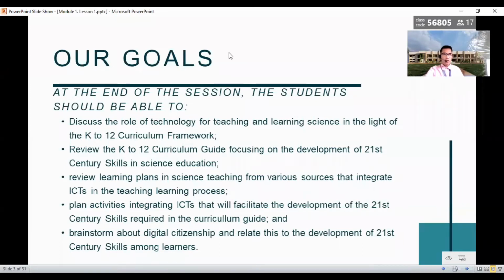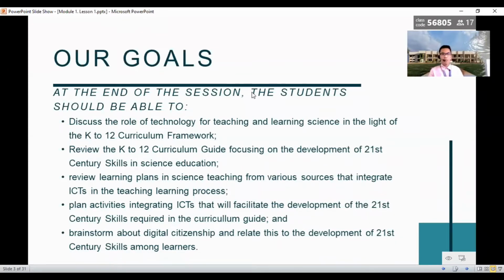Then we are going to review learning plans in science teaching from various sources that integrate ICTs in the teaching learning process. Plan activities integrating ICTs. Take note that after we reviewed some learning plans in teaching science with the integration of ICT, it is your task after that to plan activities with the integration of ICT education.